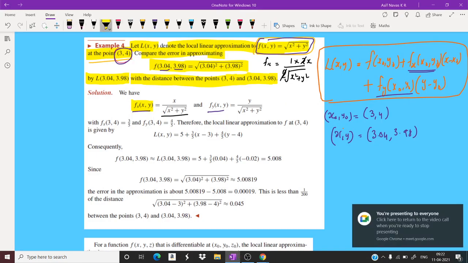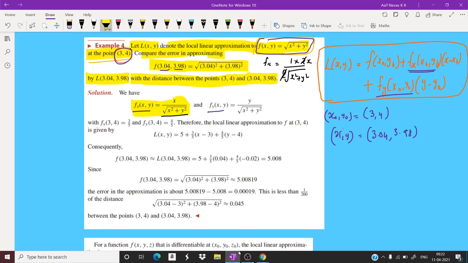That is f_x(x, y). Now f_y(x, y) is, if you find the derivative with respect to y, y by root of x² + y².